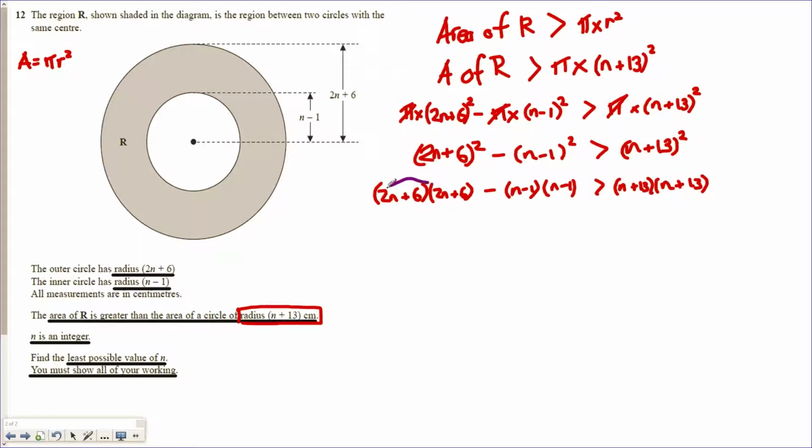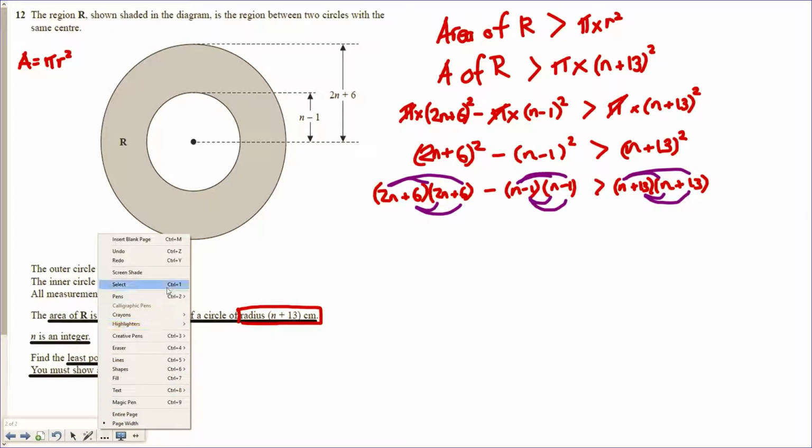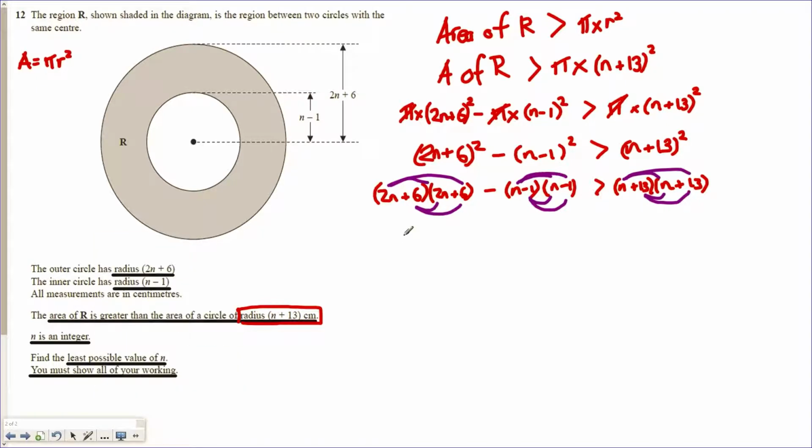You're going to do 2n times 2n, 2n times 1, 1 times 2n, 1 times 1, and then n times n, n times minus 1, minus 1 times n, minus 1 times minus 1, n times 13, 13 times n, 13 times 13, and then we're going to collect the like terms. So 2n times 2n is going to give us 4n squared, 2n times 1 is plus 2n, 1 times 2n is plus 2n, and 1 times 1 is 1.